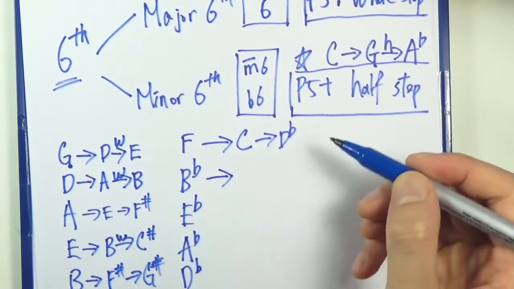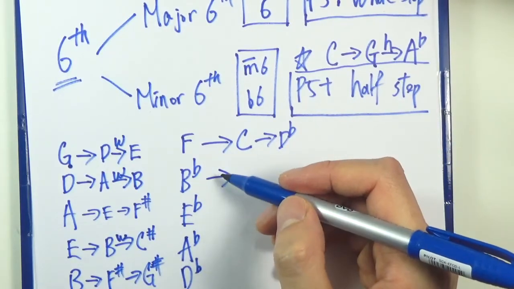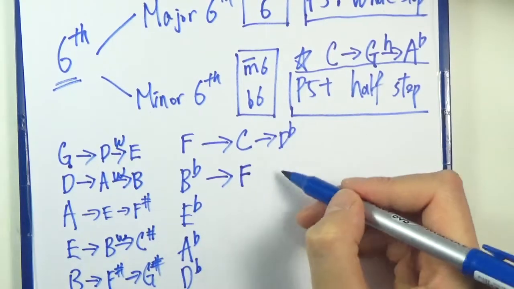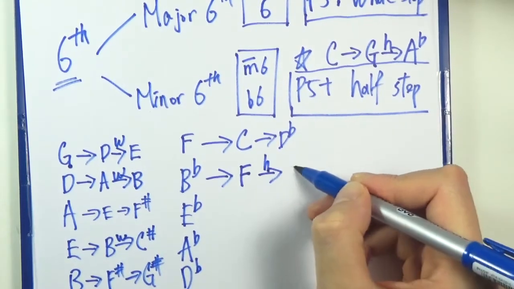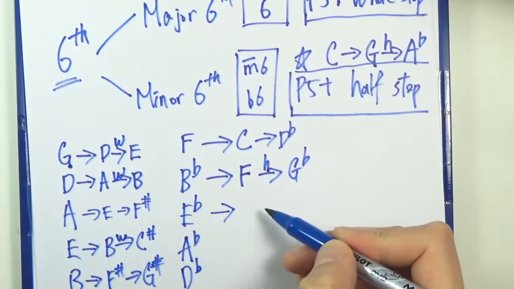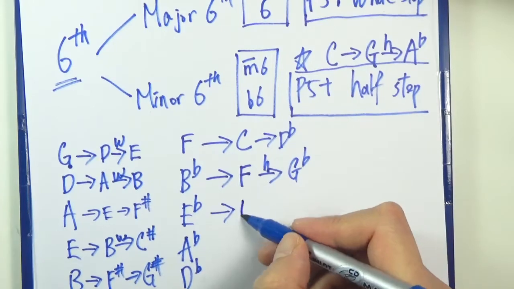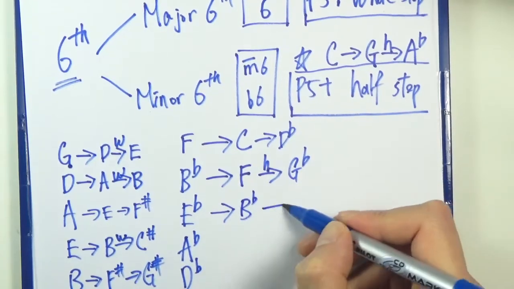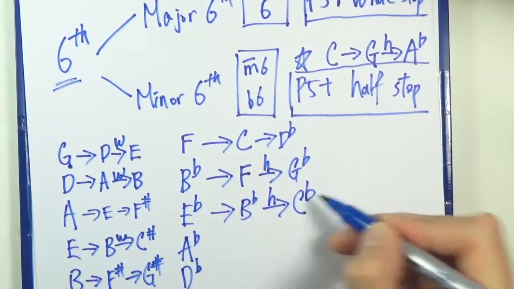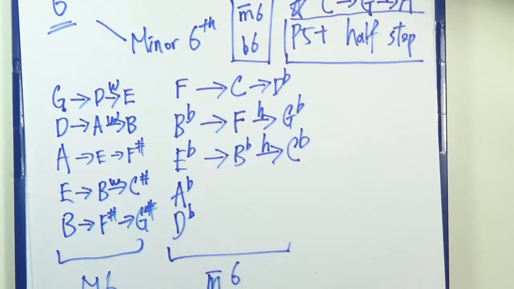Okay, B flat, lots of flats. Okay, B flat. Your fifth would be your F, right? And then I need a half step here, so that should be G flat. E flat, E, F, G, A, B flat. All right. I need a half step here, so that should be C flat. All right.